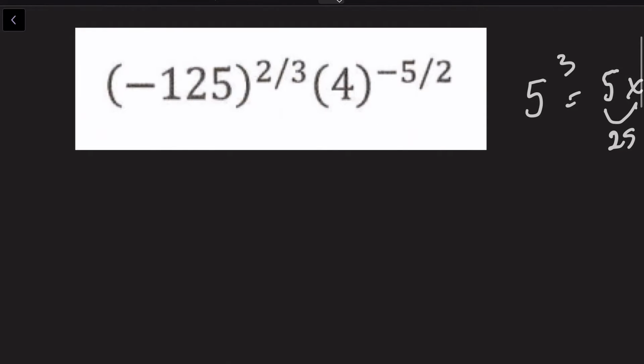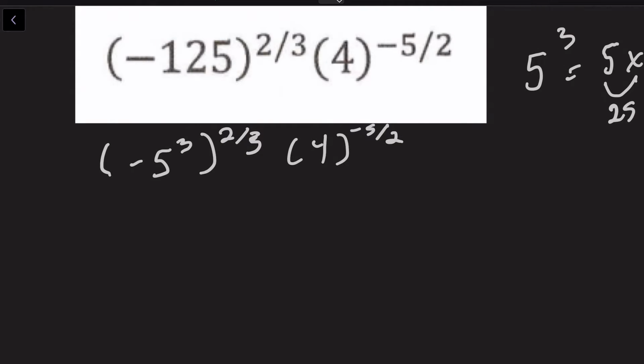So instead of writing negative 125, I want to write negative 5 to the third power, to the 2/3 power. And I'm going to multiply that by our 4 to the negative 5/2.